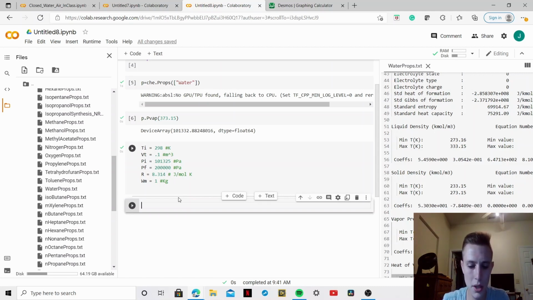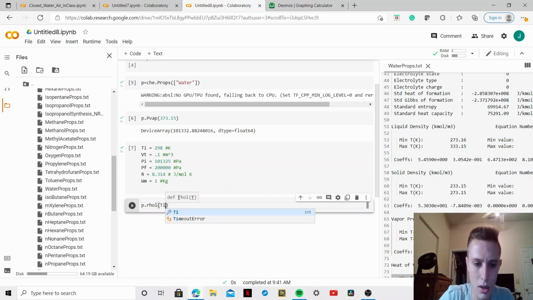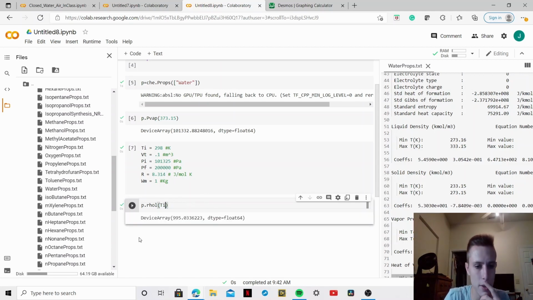So we can find the density of water by doing P dot rule at a given temperature, which we're going to guess at our T initial. Shift enter. And so our density, in this case at our certain temperature, is 995. That's, I believe, in kilograms per meter cubed.